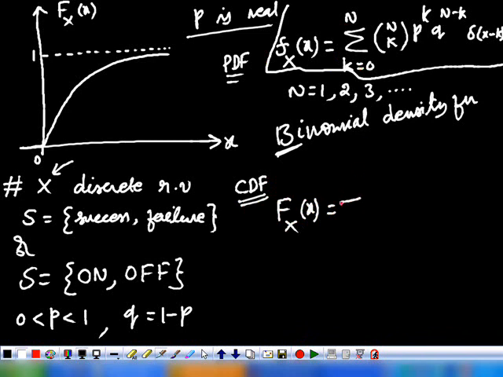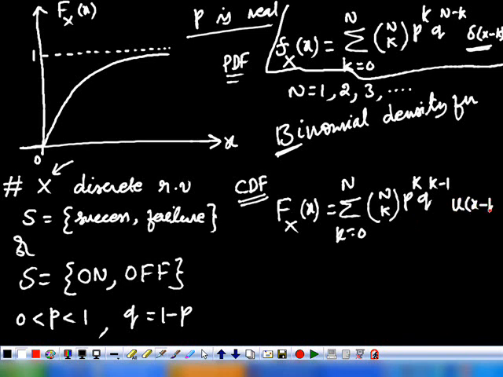Then you can write it as the sum from 0 to n, n choose k, and all these are constants, independent of the variable of integration. That's why we brought them outside. In the integral, we have only this term, delta of x minus k. The integral of delta of x minus k dx is the integral of the delta function, which is a step. This is delta of x minus k.